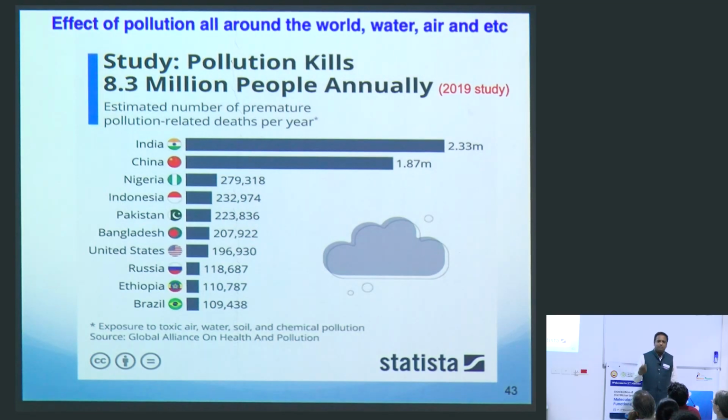If we go for multiple steps or very high pressure and temperature, we always have challenges from pollution. If you look at the pollution report I shown here, India is the most polluted. 2.33 million people died every year, according to a 2019 study. Even today it has increased more.